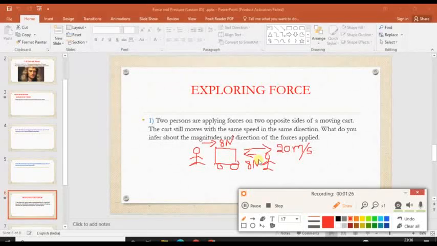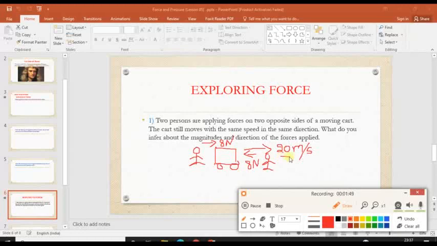Okay, what happens to the speed of that cart? It moves with the same speed. Why? What is your observation? Look at the forces. The question is, two persons are applying force on two opposite sides of the cart. The cart still moves with the same speed. What do you infer from that?